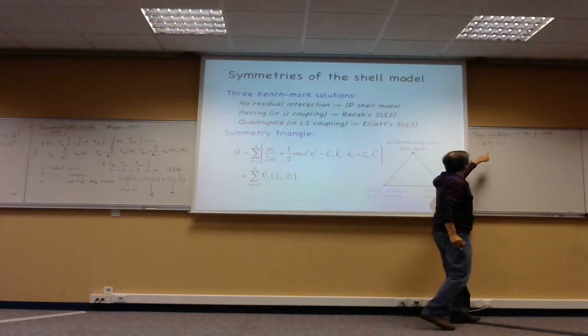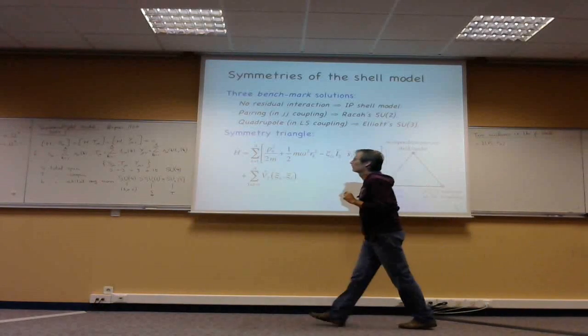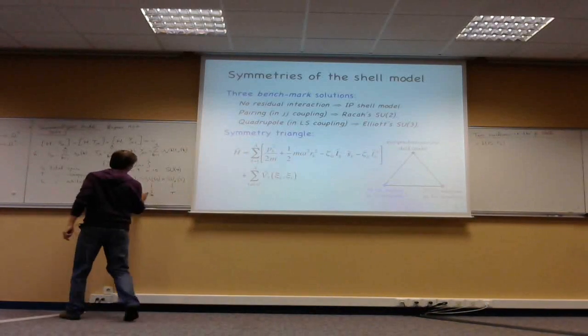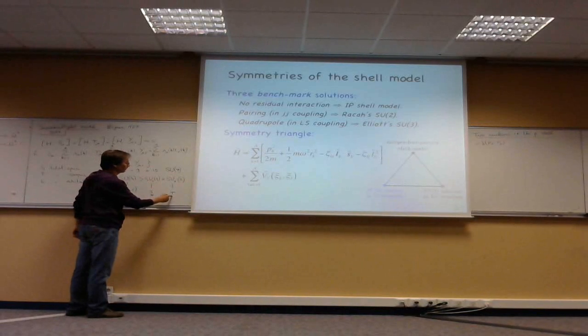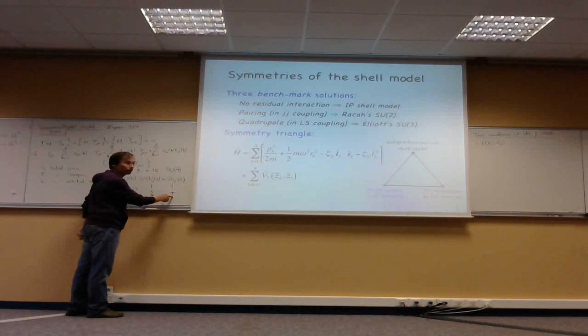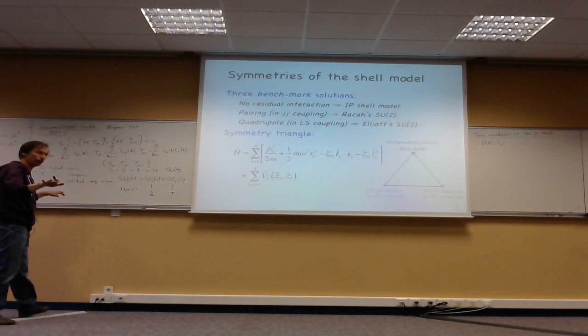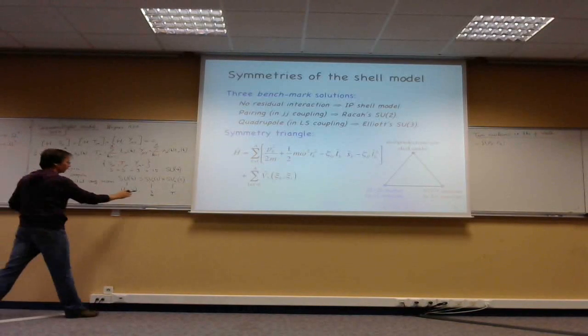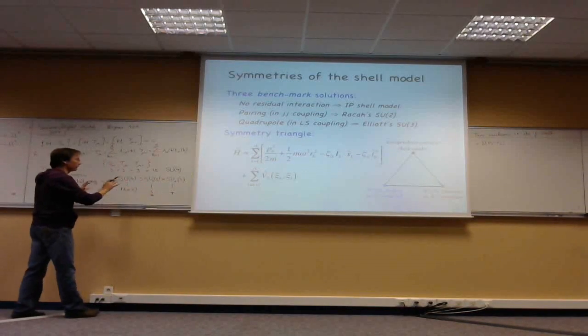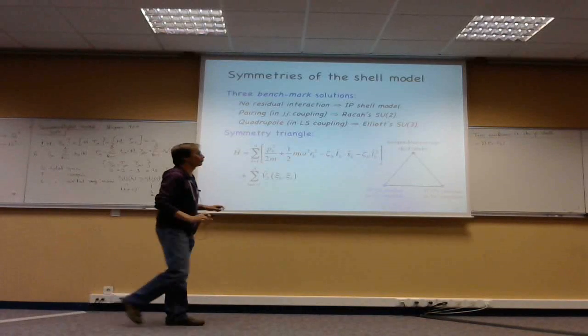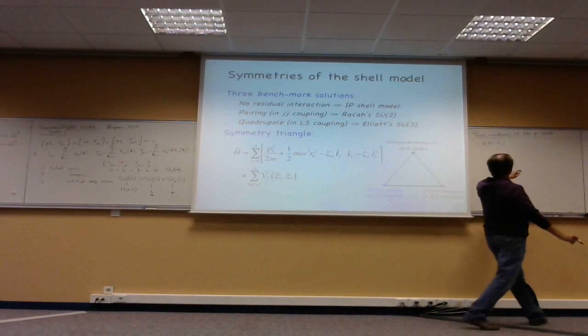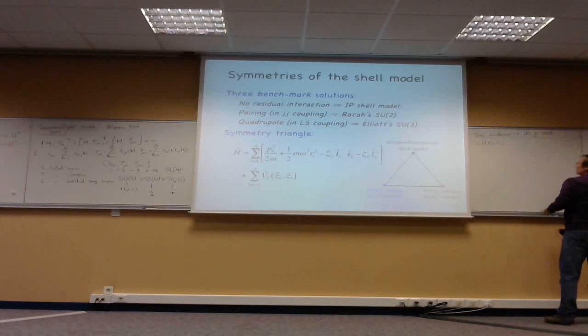I know this interaction does not depend on S, the spin. It's spin independent and it's isospin independent. So I can decouple the spin-isospin part from whatever happens orbitally. Orbitally, I have to couple two particles in the P shell.